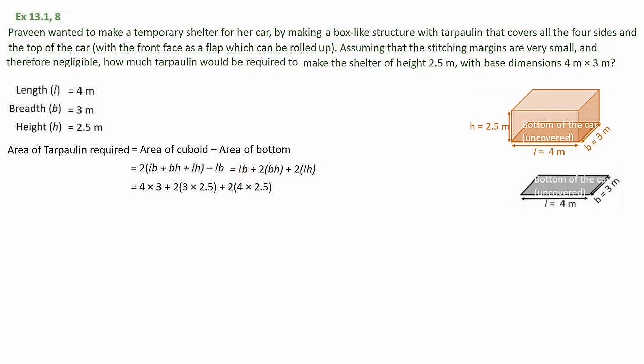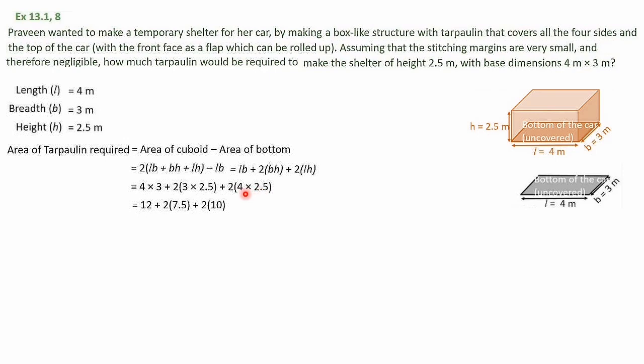L into B, that is 4 into 3, plus 2 into BH, so 2 into 3 into 2.5, plus 2 into LH, so 2 into 4 into 2.5. That is 4 into 3 is 12, then 3 into 2.5 is 7.5 into 2 outside, then 2.5 into 4 is 10, into 2.